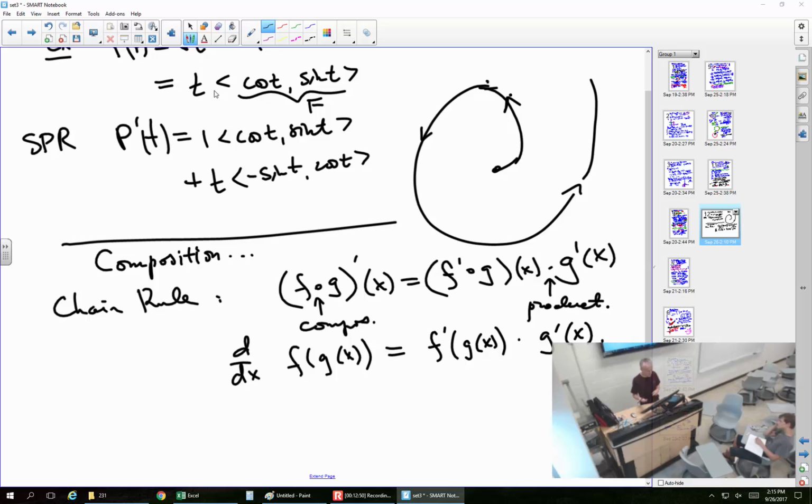Which means you cannot compose a parametric curve with another parametric curve, which is impossible, but we compose it with a numerical function. Say u, one variable, then t, and then p.